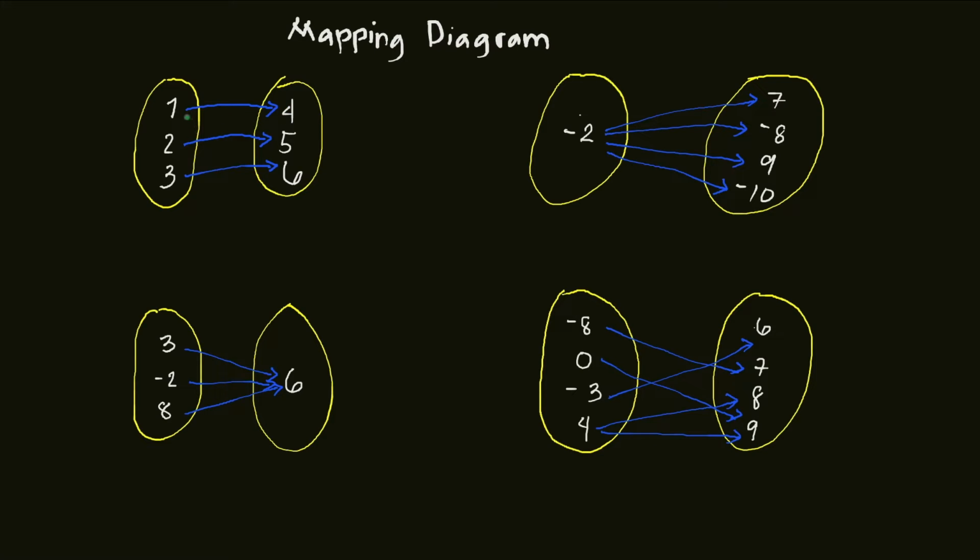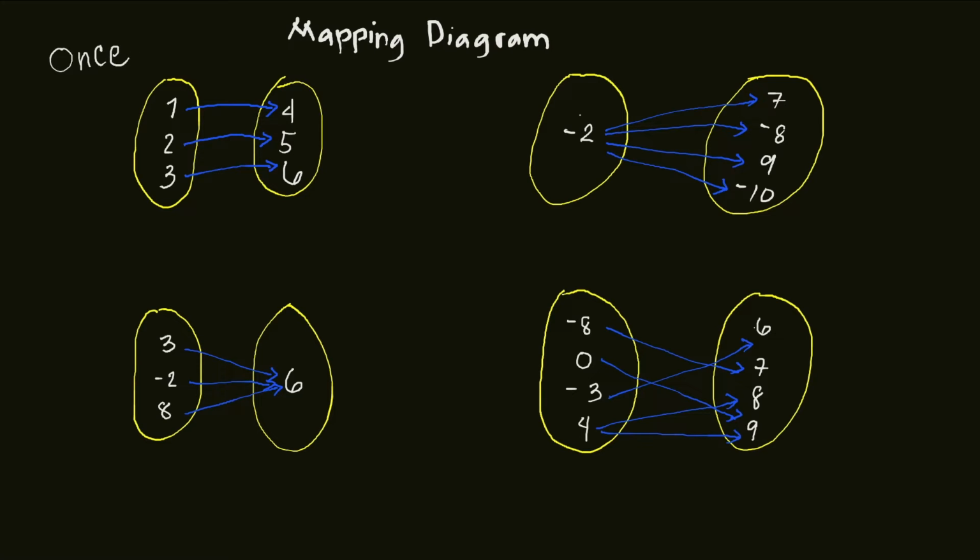So here we see 1 is mapped to 4, 2 is mapped to 5, 3 is mapped to 6, and now we know that each element in the domain is mapped exactly once. Remember that each element in the domain is mapped exactly once.